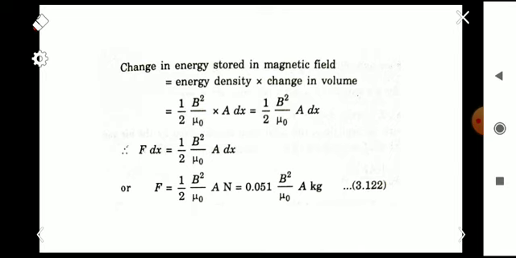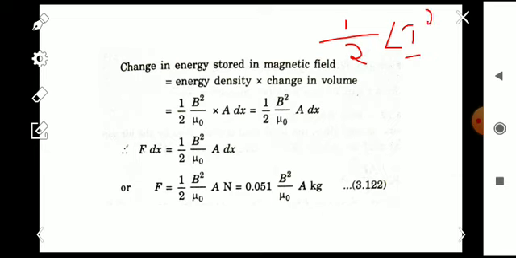Actually that can be found using the normal energy stored in an inductor equation, energy stored is equal to half L I square.